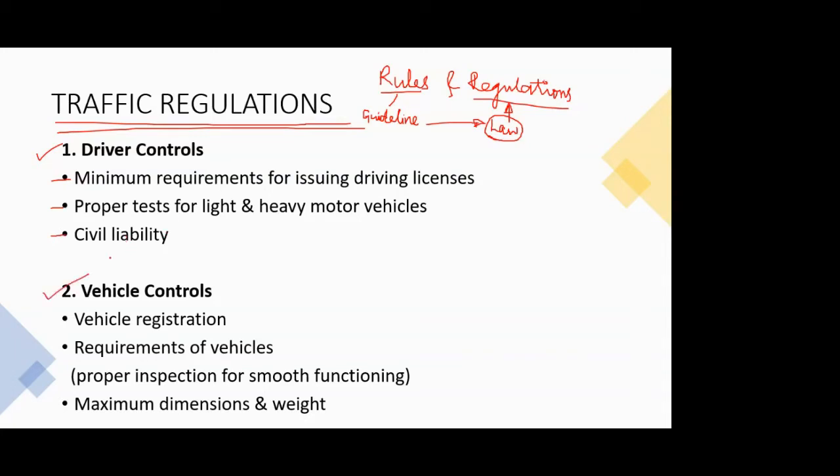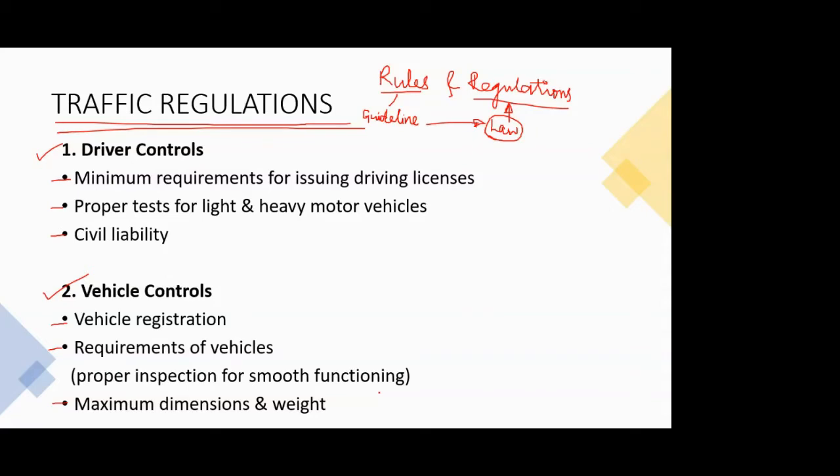Under vehicle controls, these are the regulations which are a mandate for your vehicle, and mainly it is vehicle registration, the requirement that it should be in proper working condition, and the maximum dimensions and weight. Many times you see that there is a limit on what skeleton or body we can mount over the chassis of a truck.